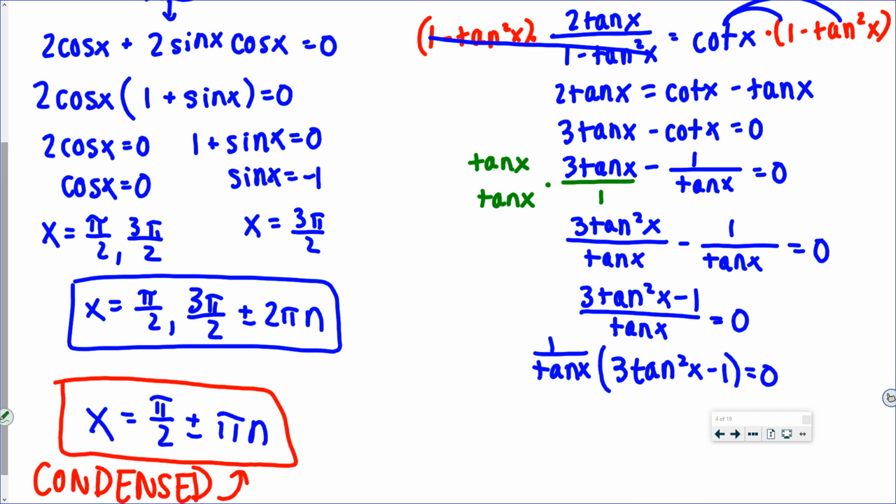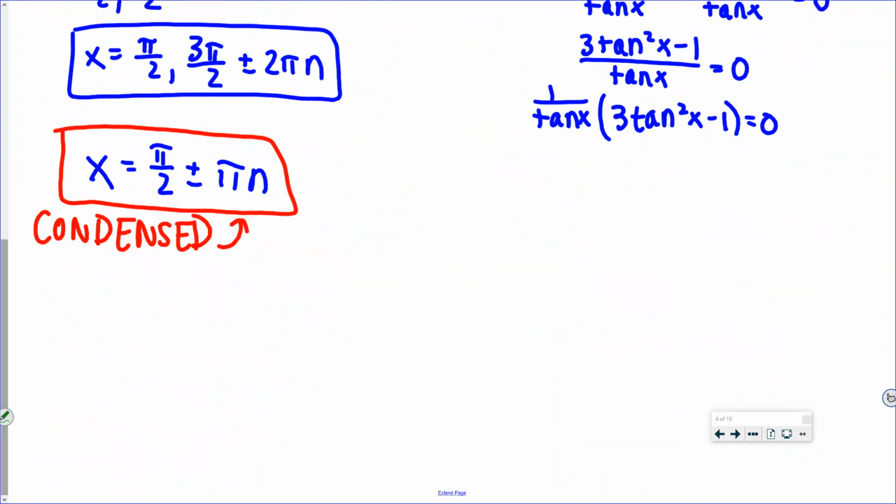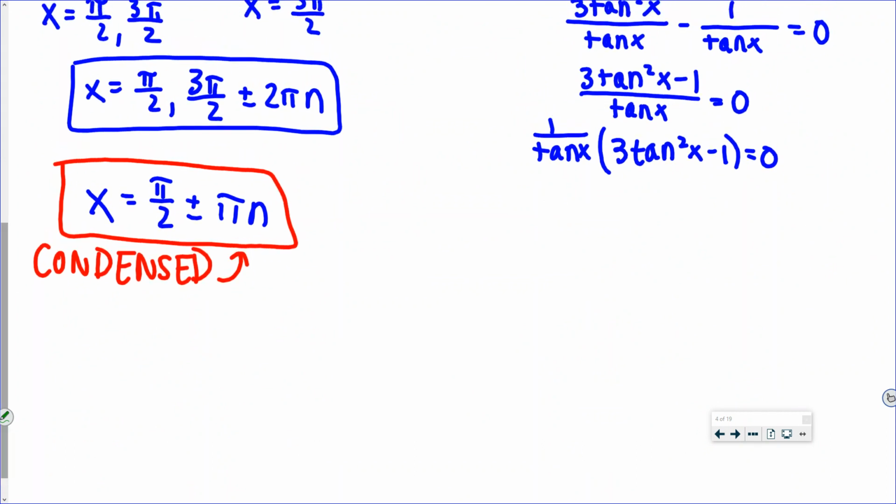The reason you have to do this is because 1 over tangent is the same as cotangent, and we do actually get some values where cotangent is 0. So this is the same as cotangent of x. That could be 0. So I did a zero product property.